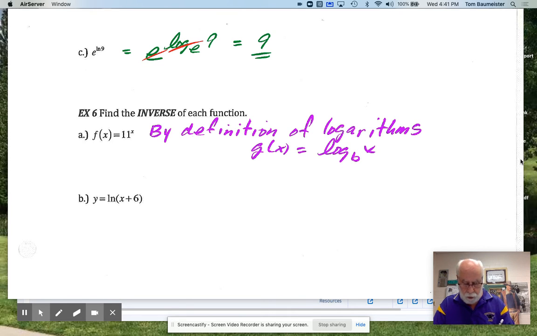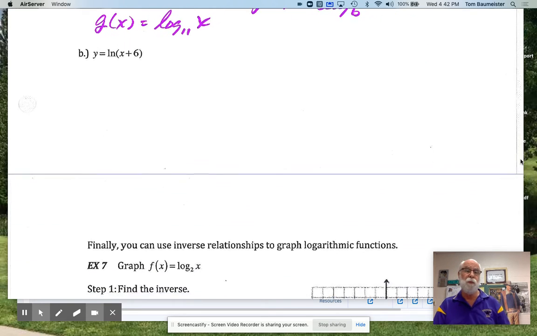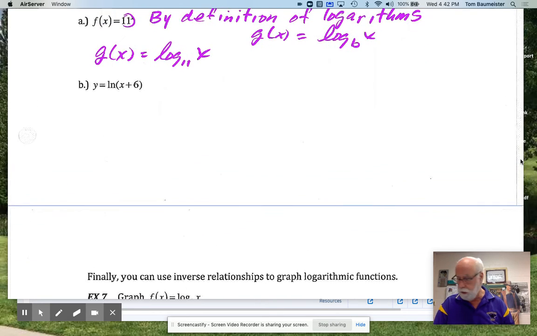So on this one, what is our base? It's going to be this one right here. So we can say g of x is log to the base 11 of x. All right, so that one's pretty straightforward because it was just by definition.